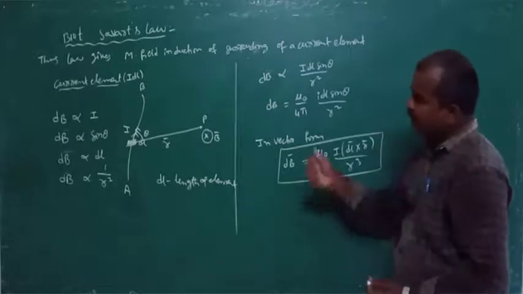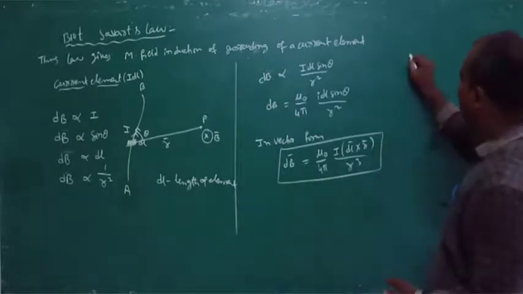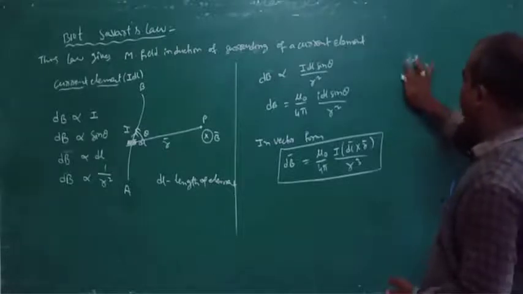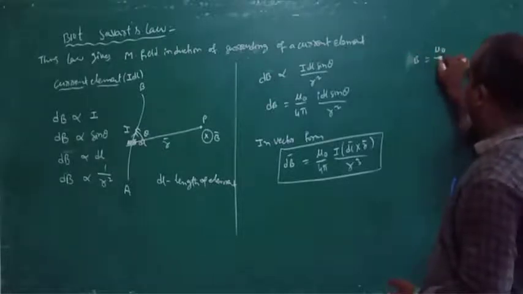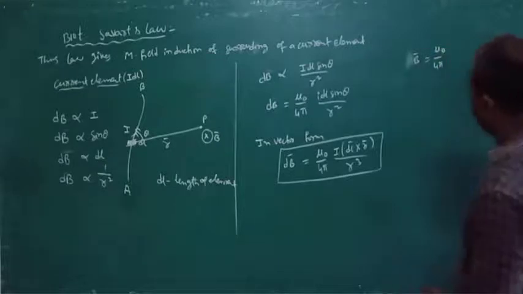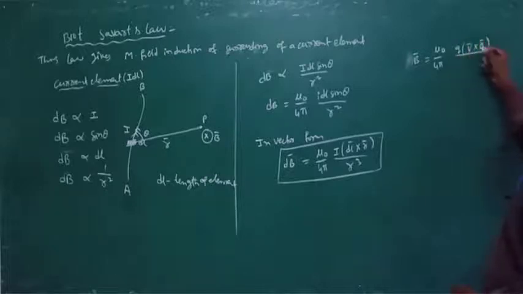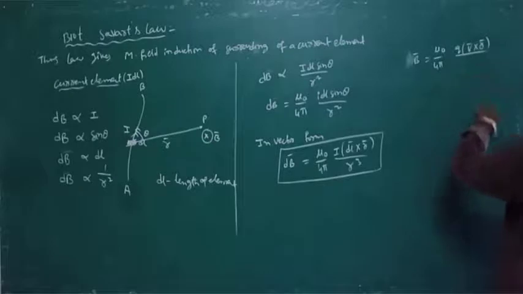In the previous concept, the magnetic field due to a moving charge is B bar equals mu naught by 4 pi into q v bar cross r bar by r cube.